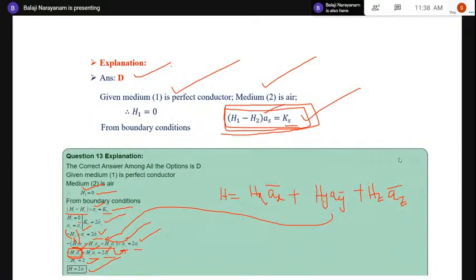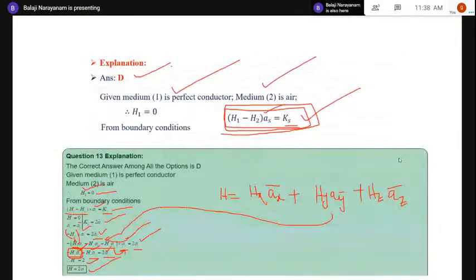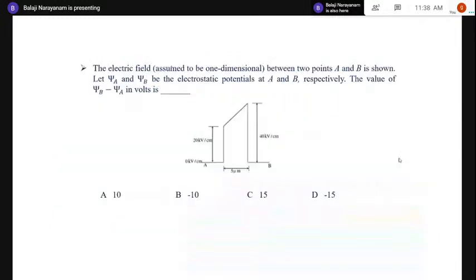A is given, del cross A was asked, you may compute. But when you are given such problems, you should be a little bit cautious. You need to apply the appropriate concept. Here we have applied the concept of boundary conditions. In a similar manner, earlier we did one problem based on method of images.